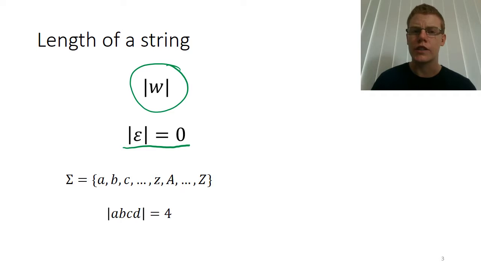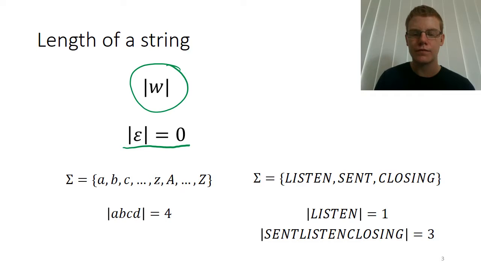And the length of a string in general is however many characters are in that string from the original alphabet. So if we talk about a simple alphabet here consisting of the lowercase and uppercase letters, and this string A, B, C, D, the length of this string is 4 because the string has 4 characters in it.